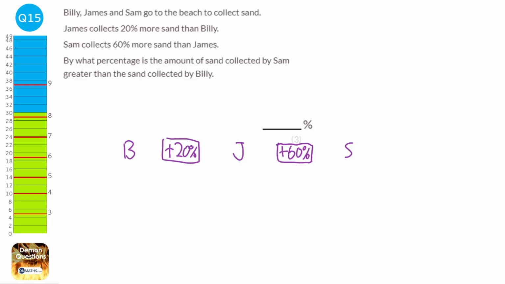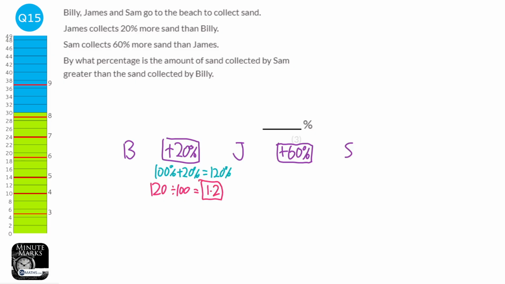What we've got to do is find the multipliers for each of these. And so what we're going to do is start off with 100%, add the 20%, and that would be 120%. Then we're going to get the 120, divide it by 100, and that gives us the multiplier, which would be 1.2. So the multiplier from Billy to James is 1.2.